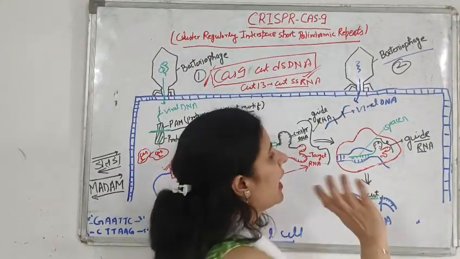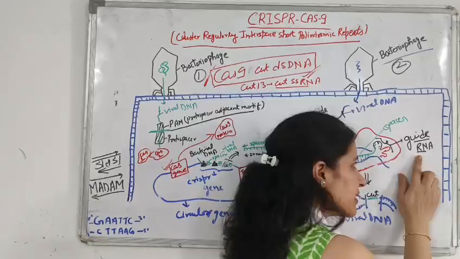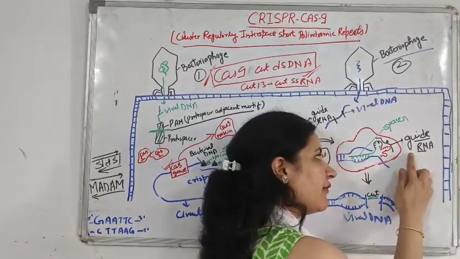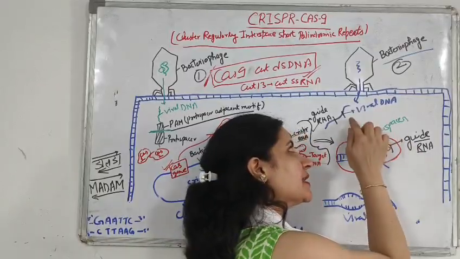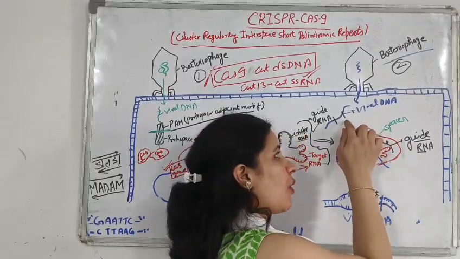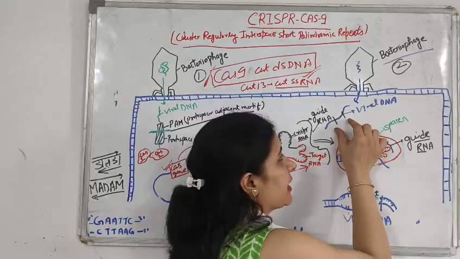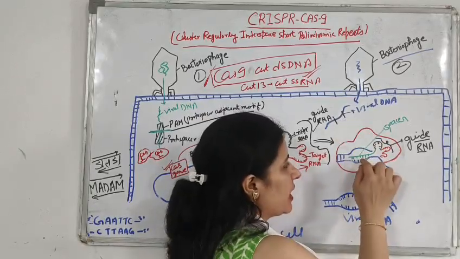Understand? So once again, what is the function of this guide RNA? This guide RNA will help this Cas9 protein to recognize the specific target sequence on viral DNA. That sequence is complementary to the spacer sequence.